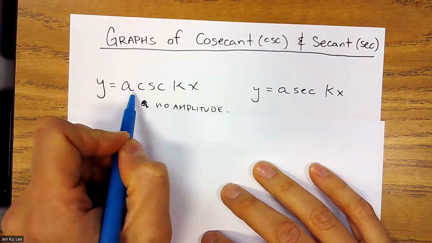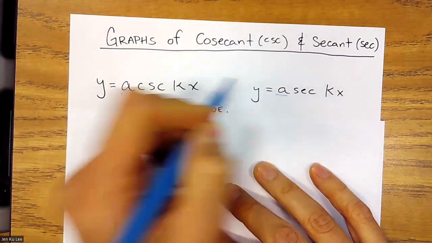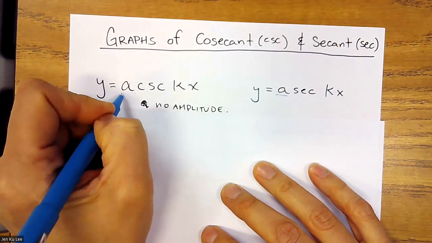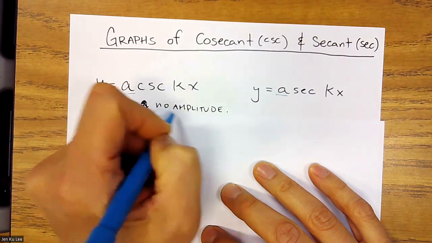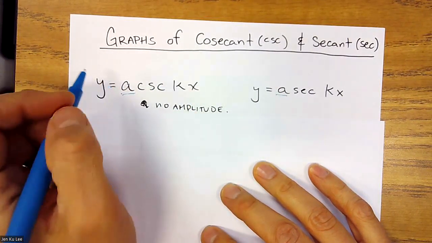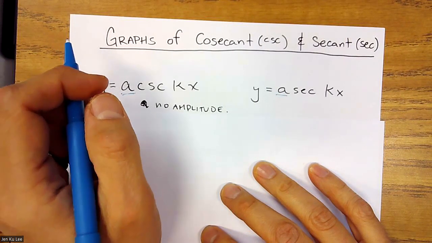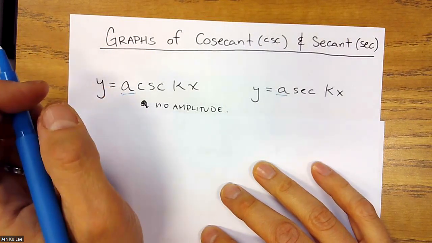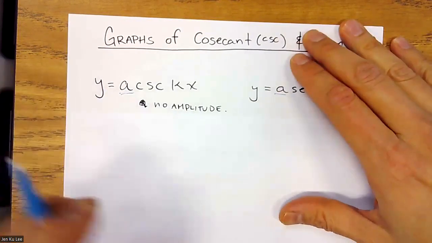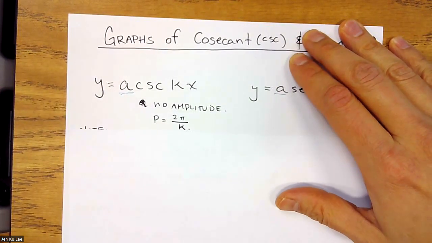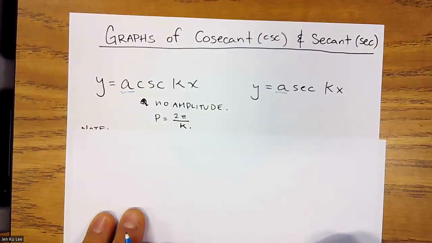There's still an a value, as you see, but there is no amplitude for a cosecant and secant graph, and I'll highlight that in a little bit. Your period is going to be equal to 2 pi over k.